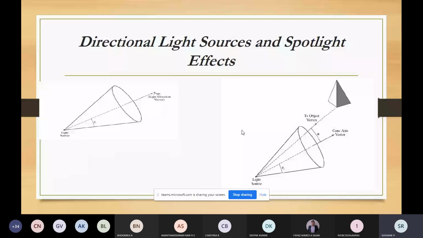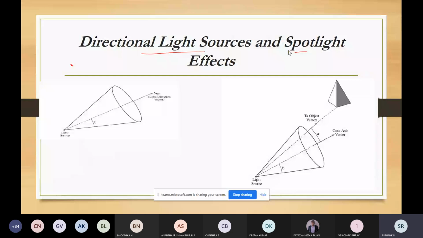The local light source like a point source can be modified to produce a directional light source or spotlight also. If the object is outside the directional limit of the light source, we will exclude that object from the illumination from that source.